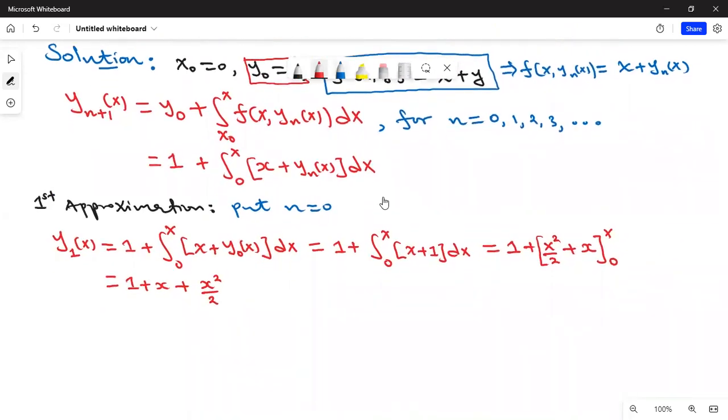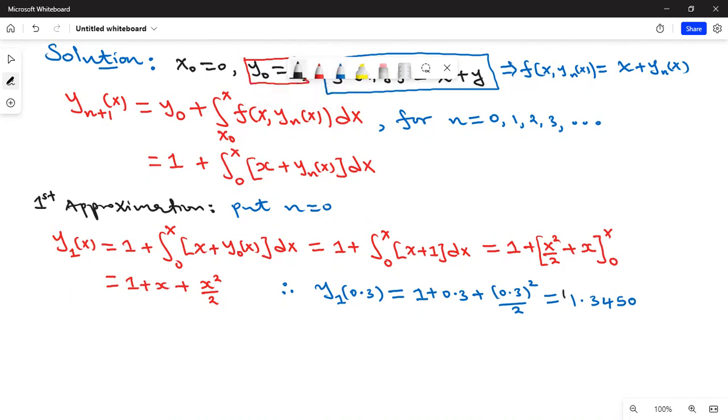So from here, you can just say that therefore, our y1, the first approximation, when x is 0.3, is equals to 1 plus 0.3 plus 0.3 squared over 2. And when you press that in your calculator, you need to get 1.3450.